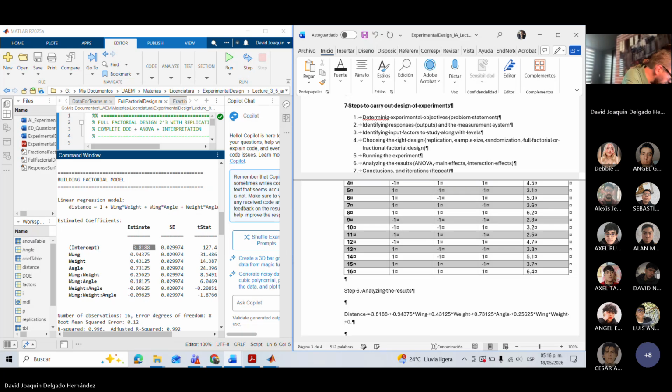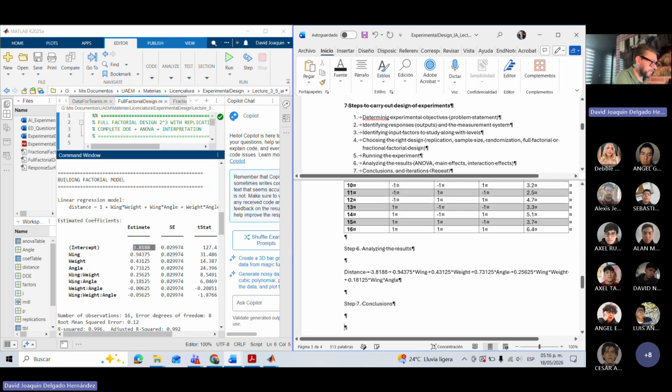Perfect. And finally, plus 0.18125 times wing times angle. That is my model.